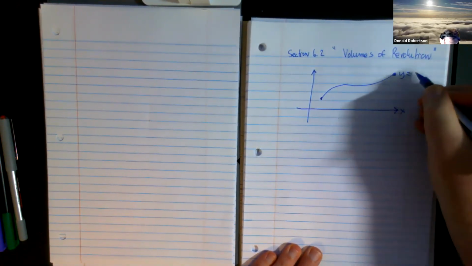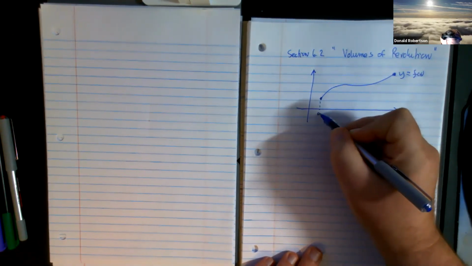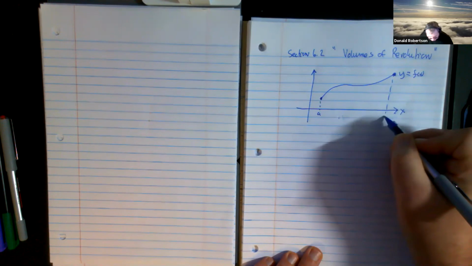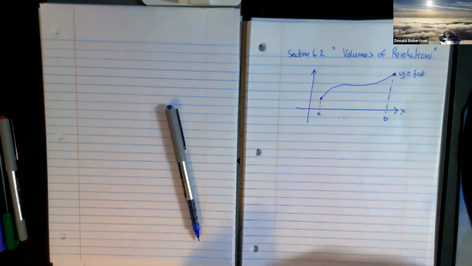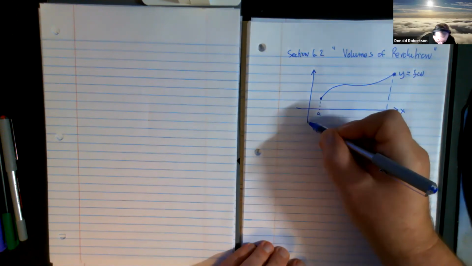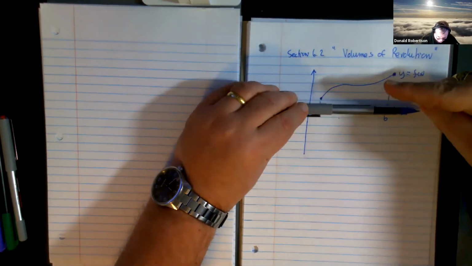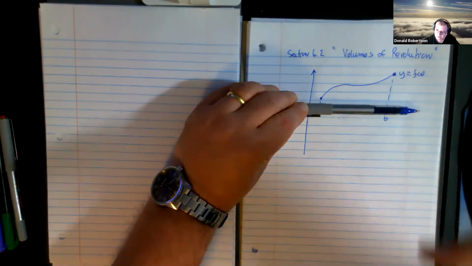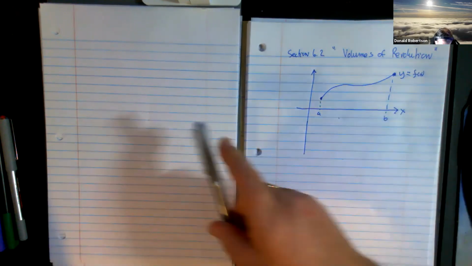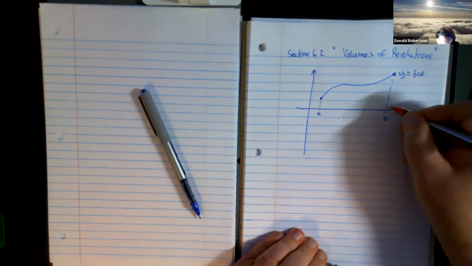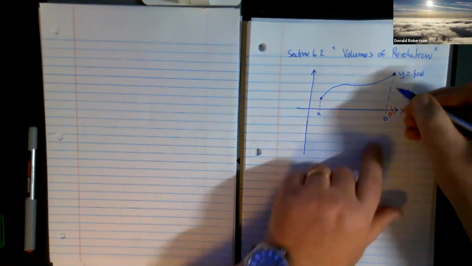Suppose I have a function y equals f of x, and it starts at a and it finishes at b. Now it gets a little bit harder to imagine, but I want you to try and imagine that this curve is rotated round the x-axis.